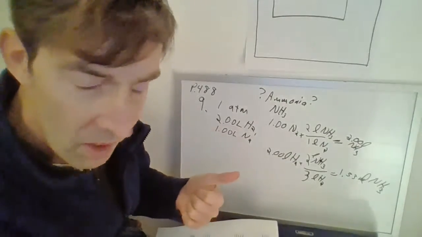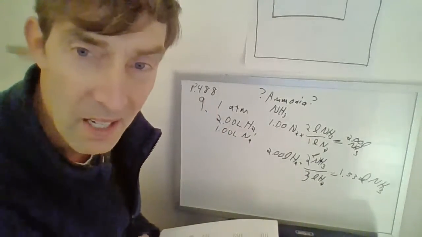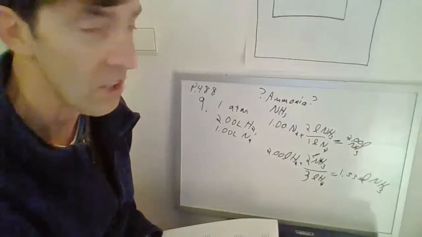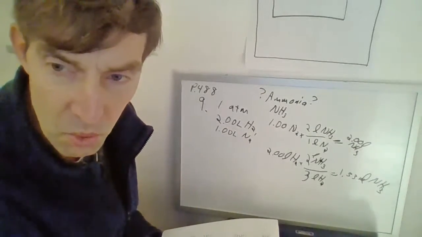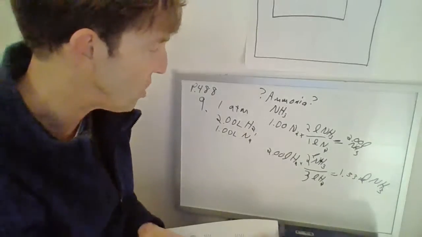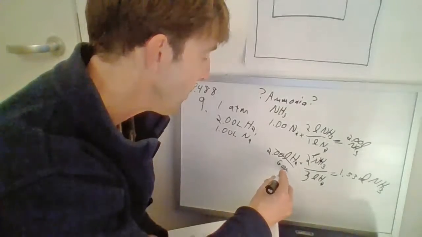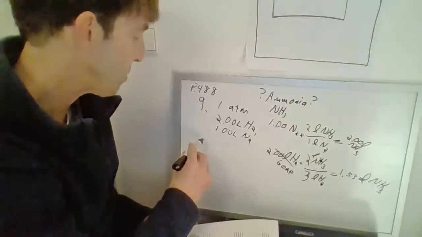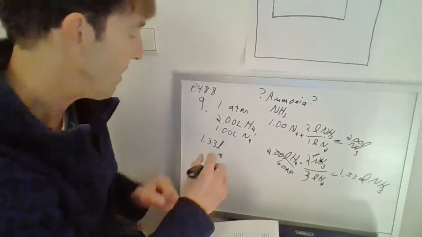What's gone? And what is my yield? How many liters can I make? Exactly, 1.33, and limiting reactant is H2. Good. Okay, so the H2 is gone. So what we've got is 1.33 liters of NH3.